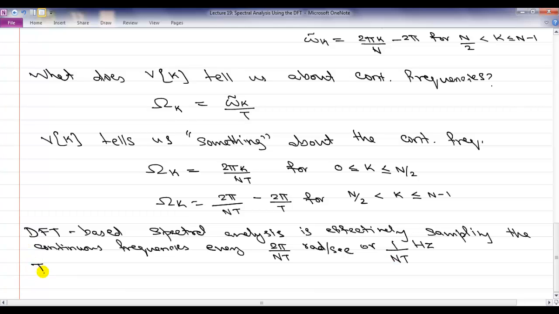So if, for example, the sampling frequency is 8 kilohertz, and let's say you are interested in samples every 5 hertz, then this means that you need N to be greater than or equal to 40,000.